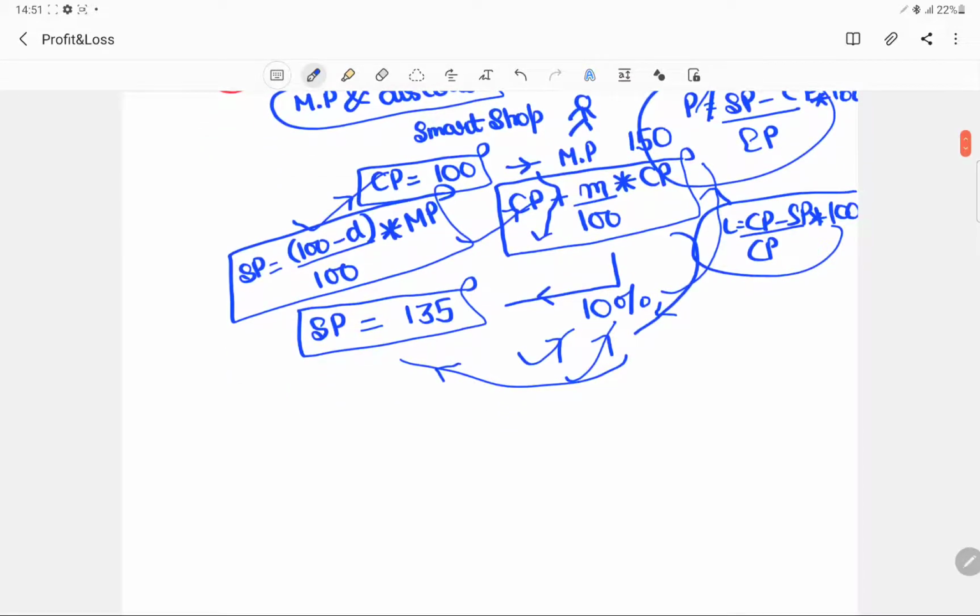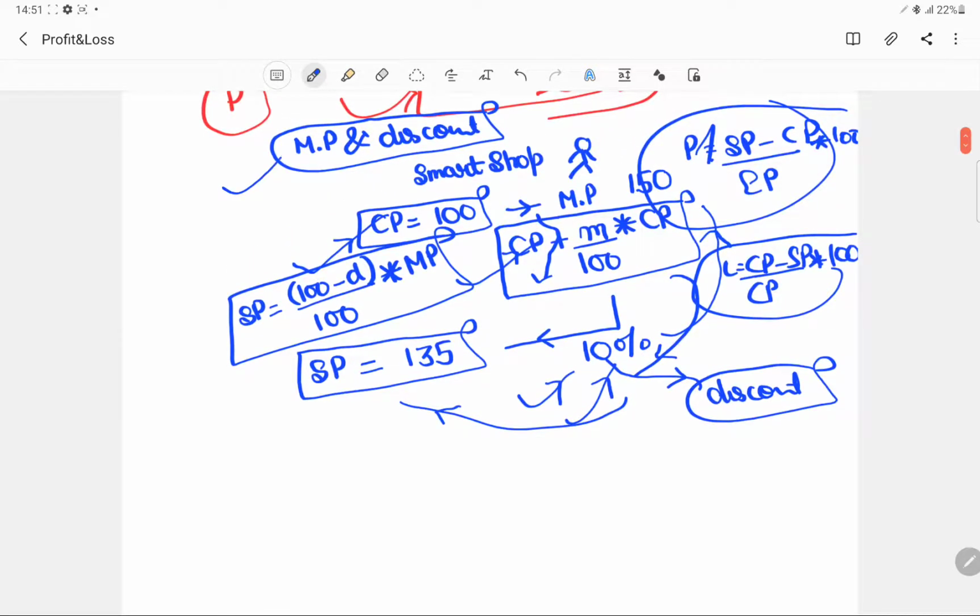So this 10% downfall is referred to as a discount. This is the entire thing: marked price and discount.